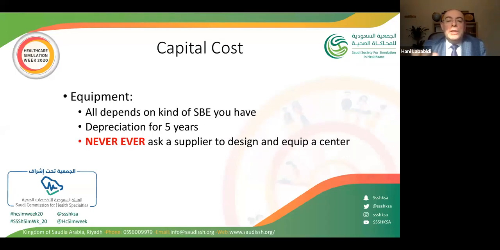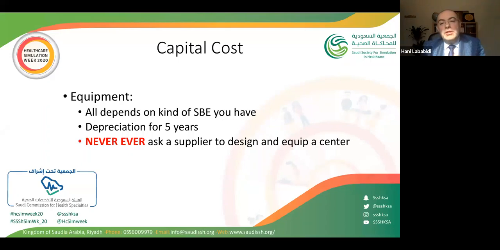Now, equipment all depends on what you want to have in your center. So I can't just put a list saying you need this much money. If you only need task trainers, they're not that expensive. If you need high tech, high fidelity, virtual reality, augmented reality, yes, they are very expensive, and maintenance is very expensive.